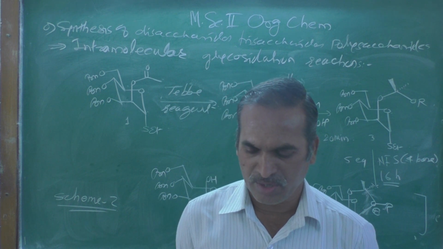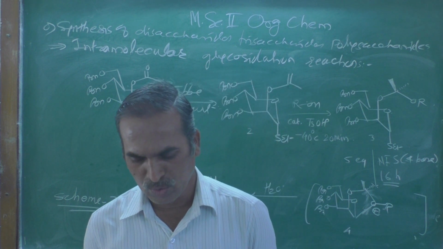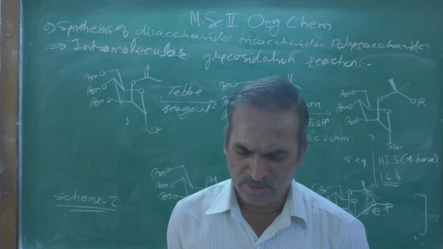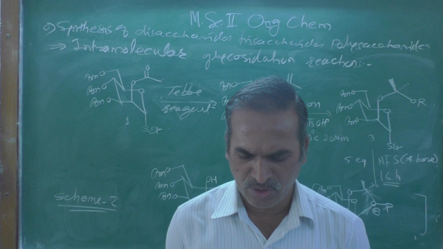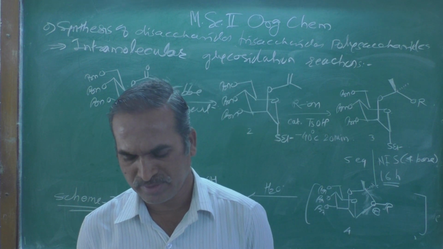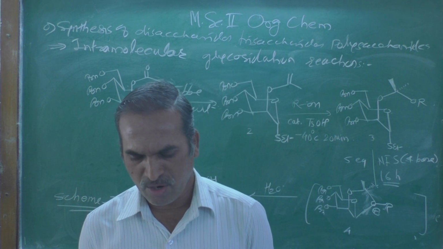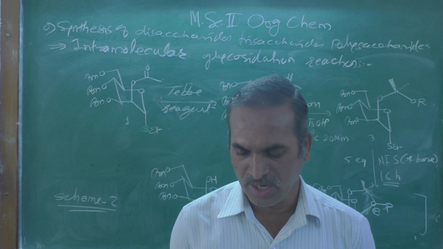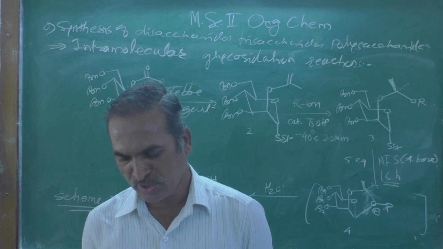Now treatment of 2 with the alcohols A, B or C in the presence of a catalytic amount of acid formed the ketal acetals 3A to 3C in moderate yield.